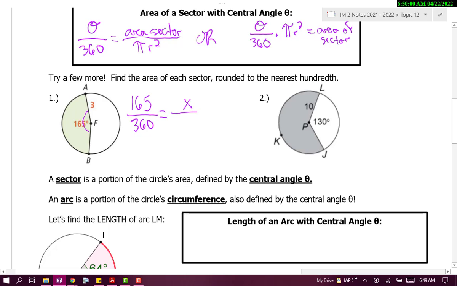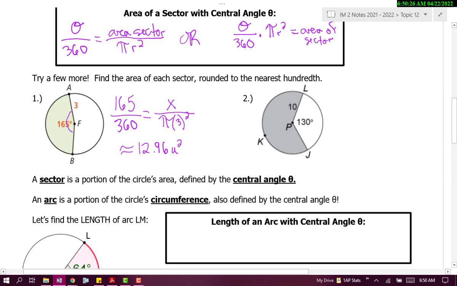Area of sector, we don't know. And it's pi r squared. When we cross multiply and we divide by 360, overall we have 12.96 units squared. I want us to get in the habit of using squared on our units, even though we don't have a unit in that problem.